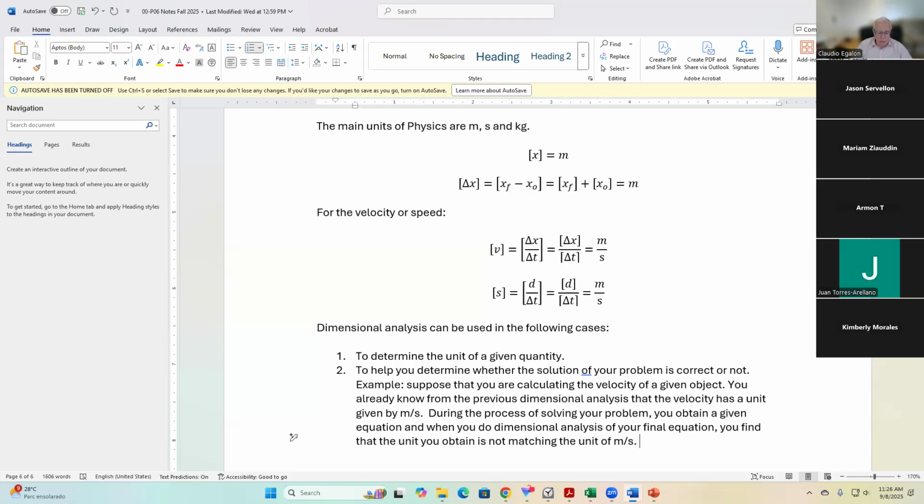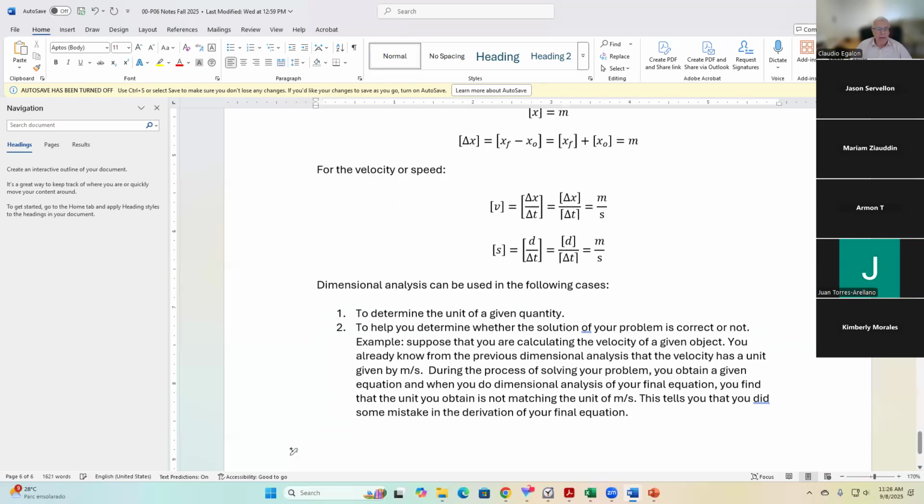What does it tell you? This tells you that you did some mistake, either some mistake in the derivation of your final equation, okay? That's one possible practical application of dimensional analysis.